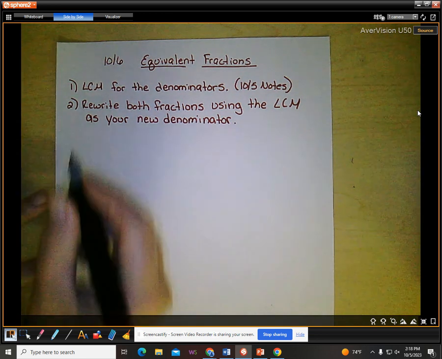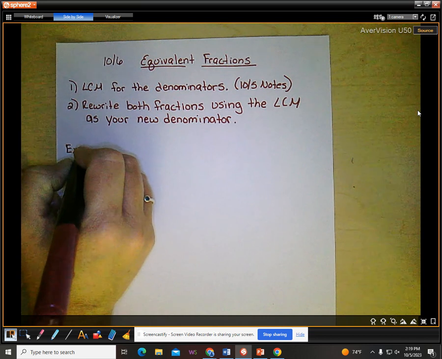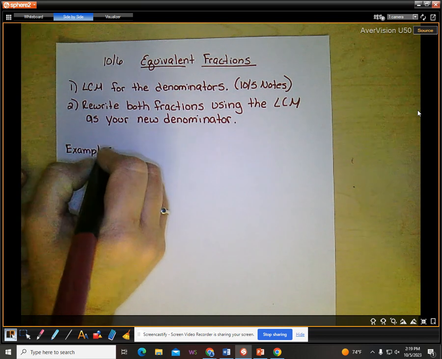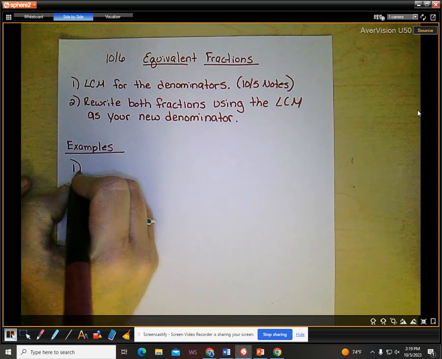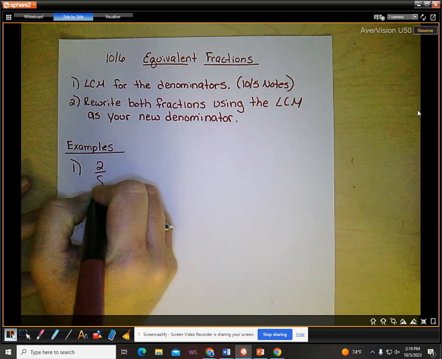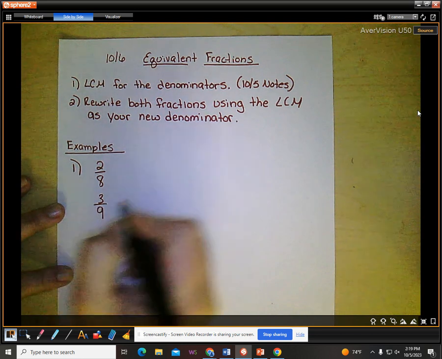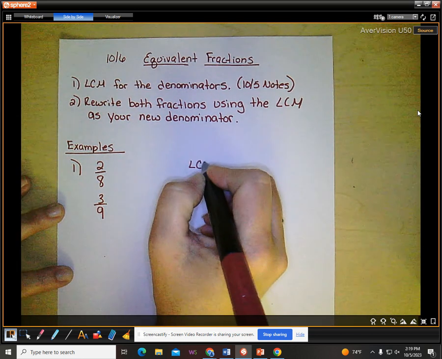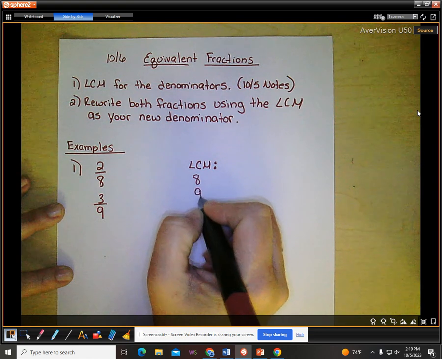Okay, so we're going to look at 3 examples. I am just going to use denominators that we used yesterday when we found LCM. So if I have the fraction 2/8 and the fraction 3/9, the first thing I'm going to need to do is find the least common multiple for 8 and for 9.